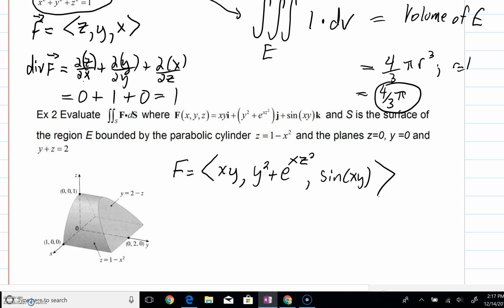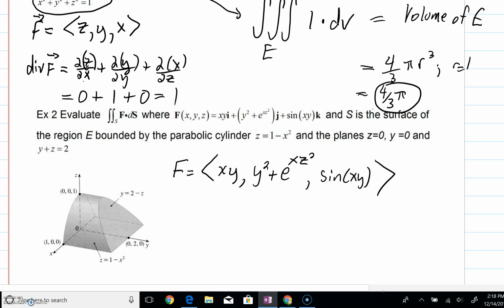And as we look at this, this is technically an old problem from 16.7. Find that surface integral. Find that flux, and remember, flux has to be applied to a surface.